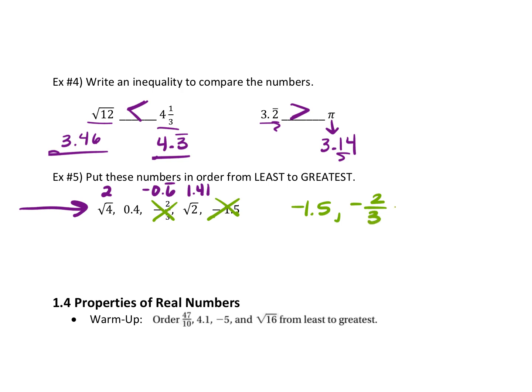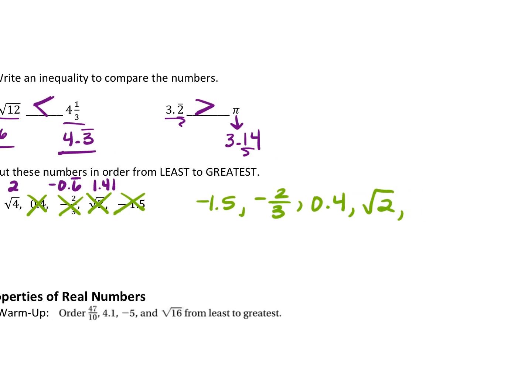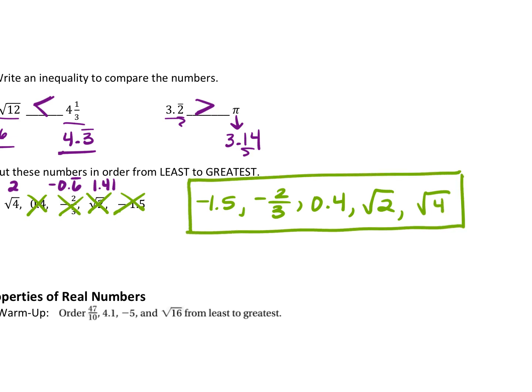So negative 2/3. Okay, so the negatives are done. What's the next smallest? 0.4. Okay, then what? The square root of 2 is 1.41. So your last answer, don't write it as 2. It's the square root of 4. So from least to greatest, you get that.